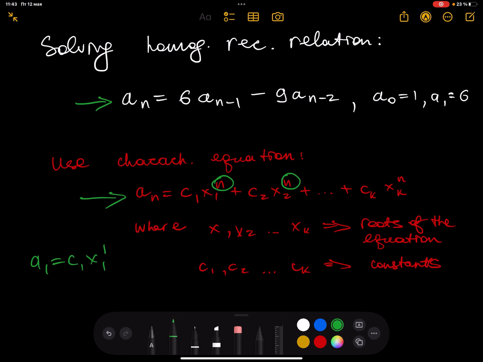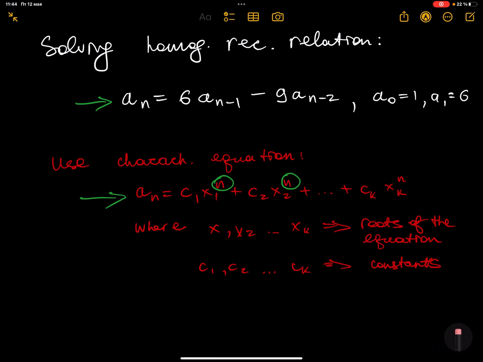Or let's say we're gonna find a2. Instead of 1, you put 2, so you take the power 2 of each root, as c2 x2 squared and so on. I hope it's now understandable. So now you know in what format we're gonna have the answer.